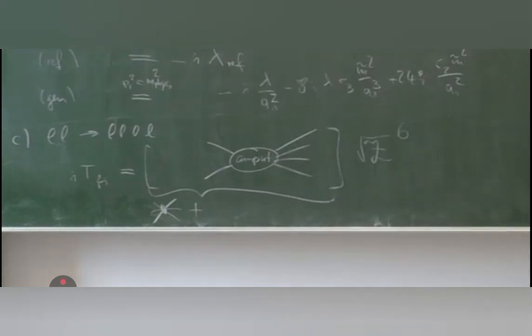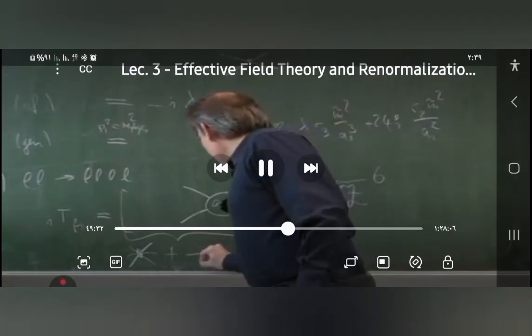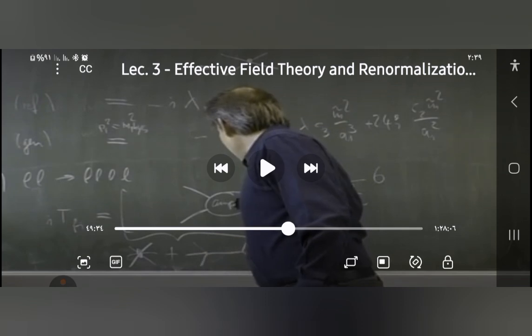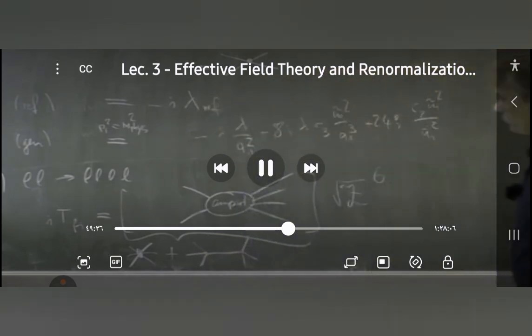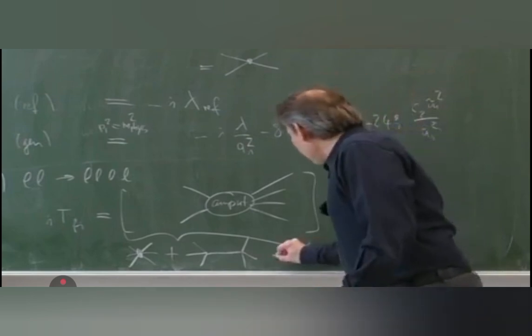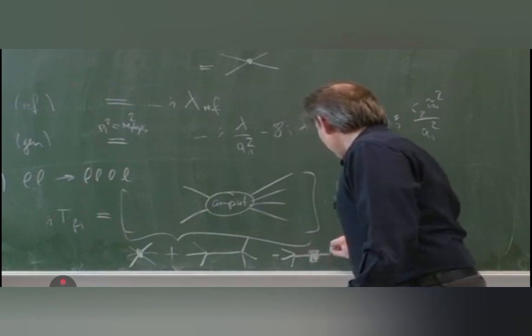So we can do something with a quartic vertex and then we get Feynman diagrams with this typical shape. Okay. So we get this. And we might even also consider such a Feynman diagram.